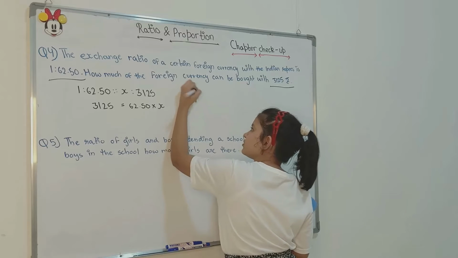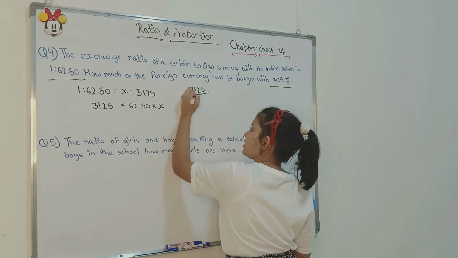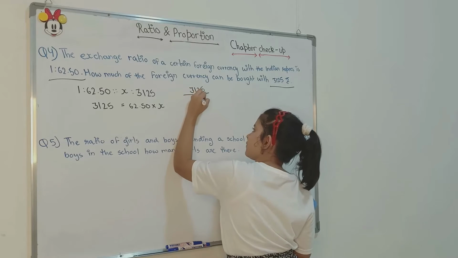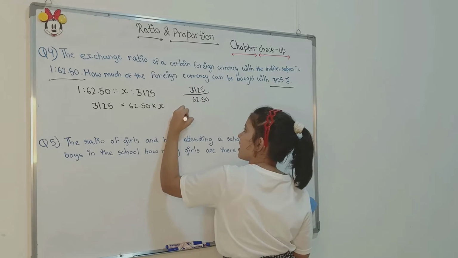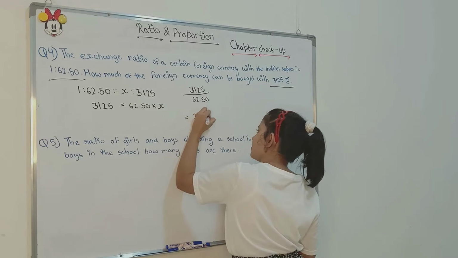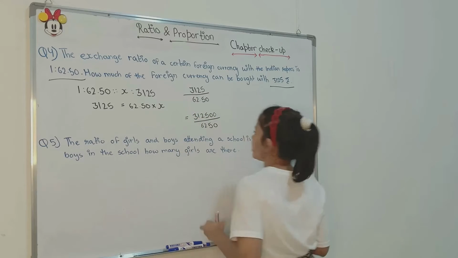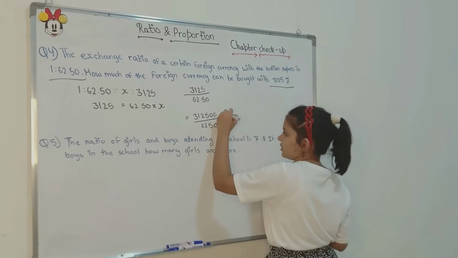So here 3,125 divided by 62.50, we'll write this as 3,125 and 2 zeros, and here 6250. Now we'll divide them.